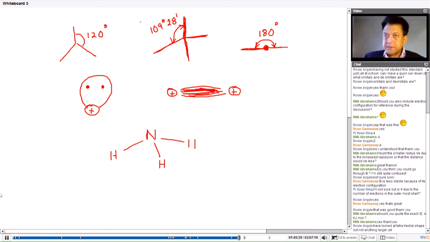And that angle here is less than this angle, for instance, here, okay, is less than 109 degrees, 28 minutes. Why? Due to this lone electron pair on the nitrogen atom occupying a bigger space around it, compared to these 3 bonding electron pairs. So the 3 bonding electron pairs get squashed a bit like that.